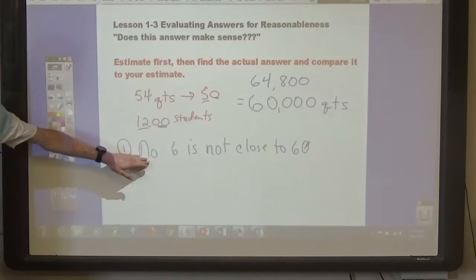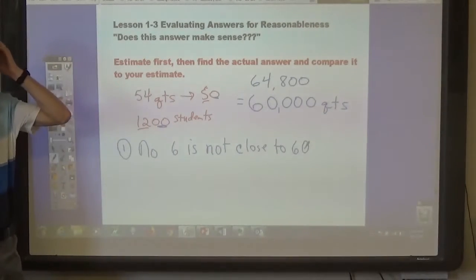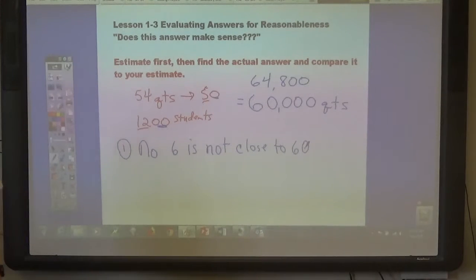So you have to write the answer and then explain what that means. 6 is not close to 60. So the answer is not reasonable. That's what that means. Okay?